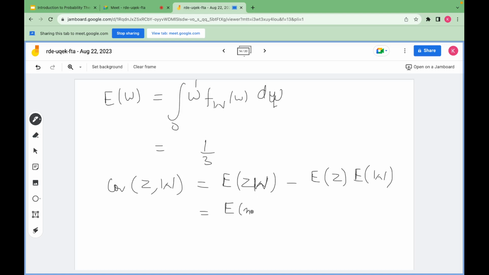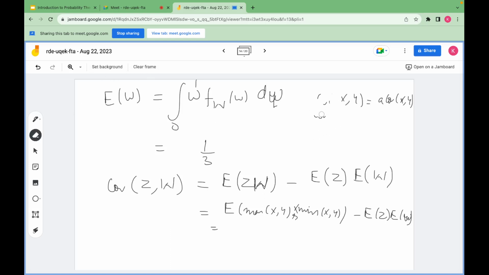So z is the maximum of x comma y and w is the minimum of x comma y, and this is the product zw. We know that for covariance, if there is some a x comma y, it will be a into the covariance of x comma y, and if there is any function, then we can write covariance in terms of the expectation of x comma y.